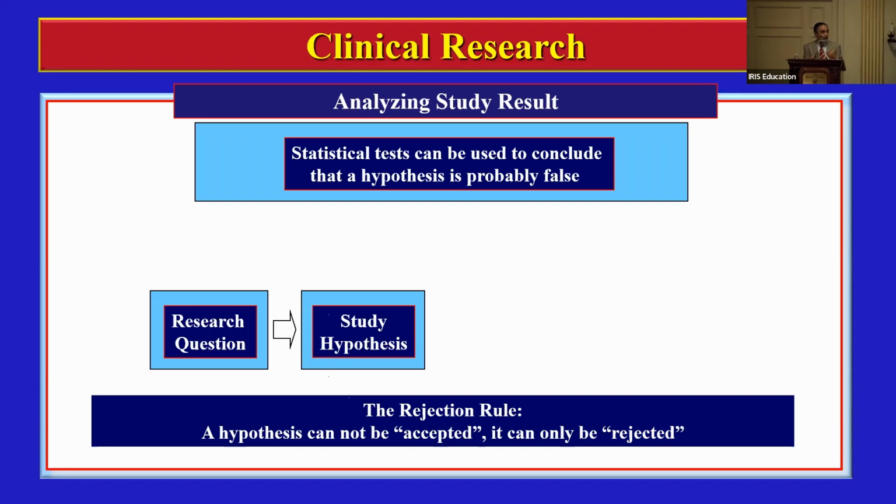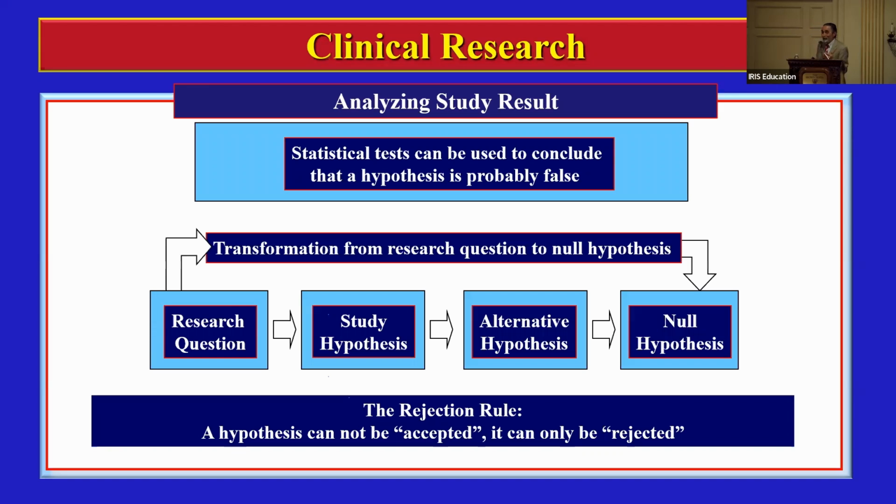Now, I don't want to give my hypothesis to a statistician because the only thing that they can do with a hypothesis is destroy it. Then what do I do? I make up a different hypothesis: the null hypothesis. The null hypothesis is that steroids have nothing to do with mortality. Steroids are not associated with mortality.